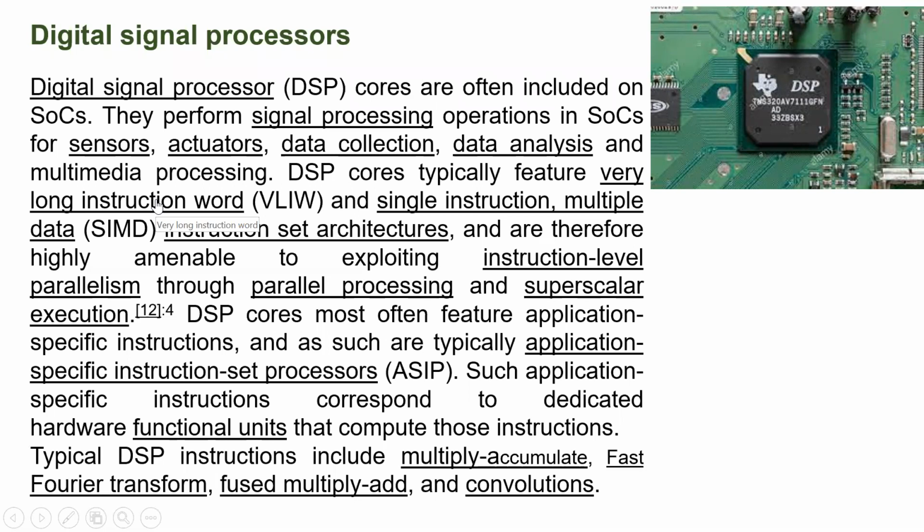With the help of superscalar architecture, 2 integer instructions and 1 floating point instruction can be executed parallelly or simultaneously. Very long instruction word architecture is also used. That means a single instruction is going to multiply, add, accumulate, and provide output. So a number of operations can be carried out with the help of a single instruction.